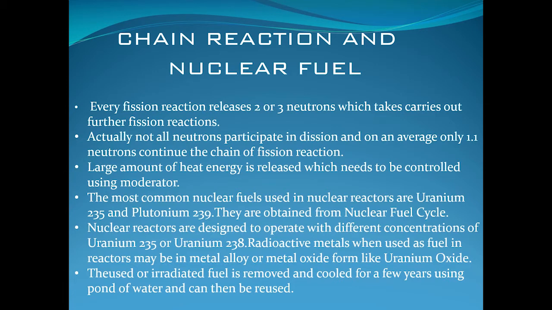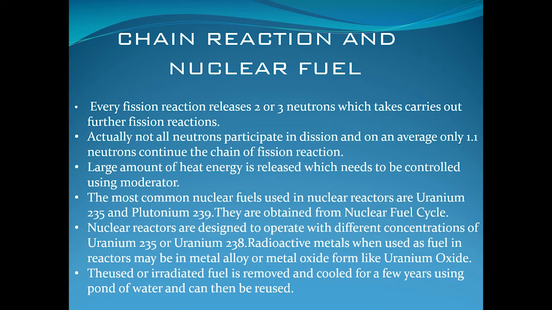Such chain reactions are caused by only 1.1 neutrons on an average. Although 3 neutrons are emitted in every fission reaction, only 1.1 neutrons exhibit chain reaction. This chain reaction can be destructive and can be utilized in an atom bomb, but it can be controlled for peaceful purposes like power generation.